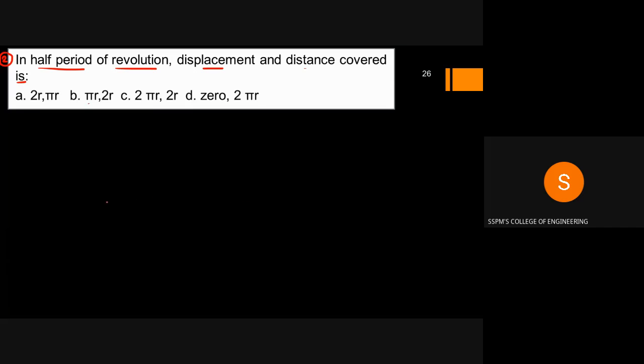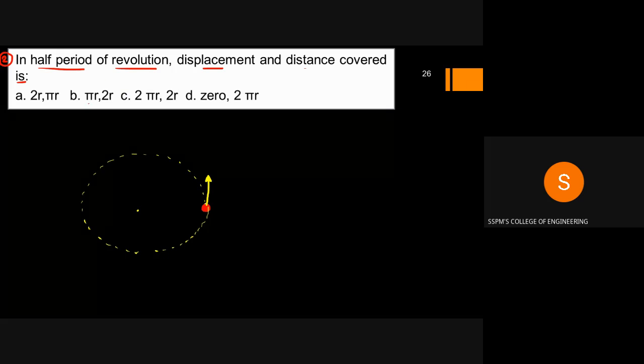So suppose this is the particle and it is performing the circular motion. For one complete period of revolution, the particle will perform a complete circle.